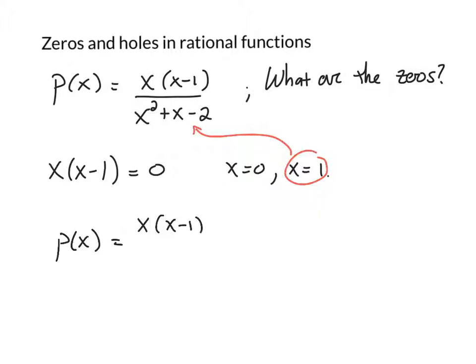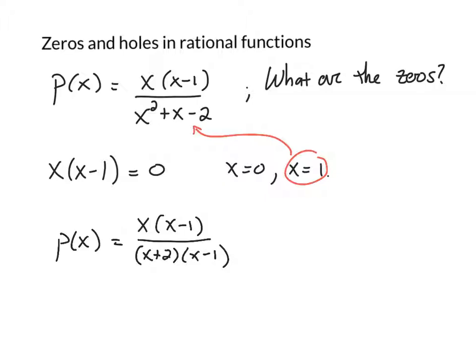Right? So it's x times x minus 1. Then if I factor this denominator really quickly, can you think about it? Two numbers that multiply to be -2 and add to be +1. Looks like x plus 2, x minus 1. Right, so what I see here is I actually have a common factor of x minus 1.